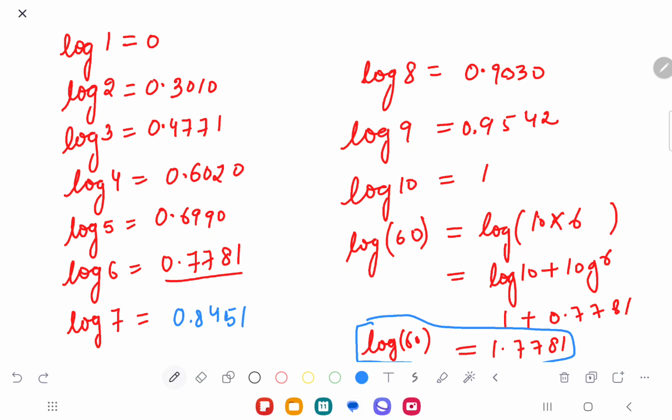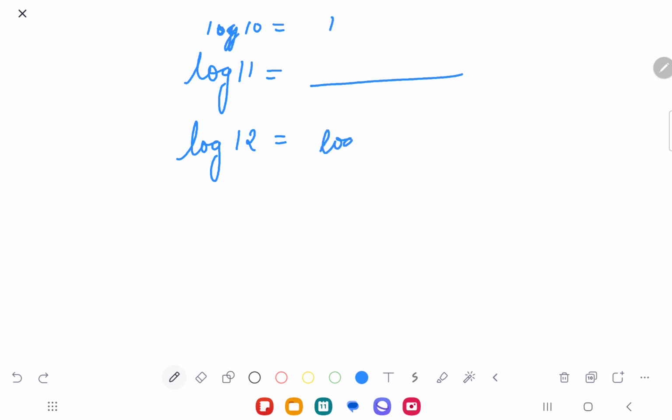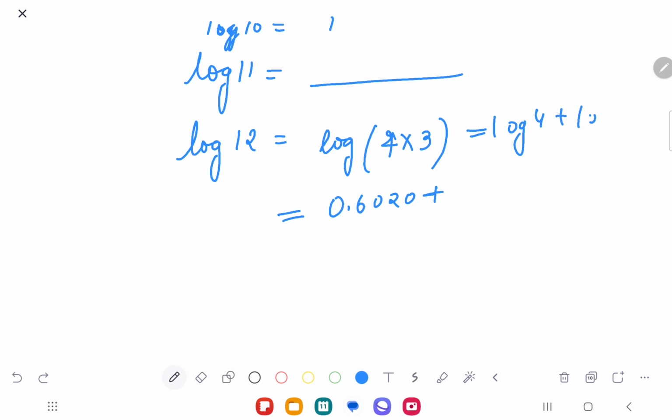For example, I want you to calculate log 11, and you can't express log 11 in terms of any other numbers. So what can you do? I can calculate log 12. Log 10 I know is 1. Log 12 I can break down as log 4 times 3, which is log 4 plus log 3.